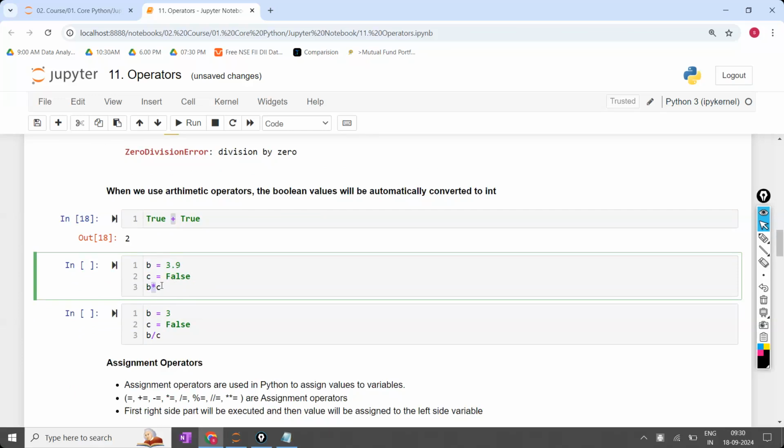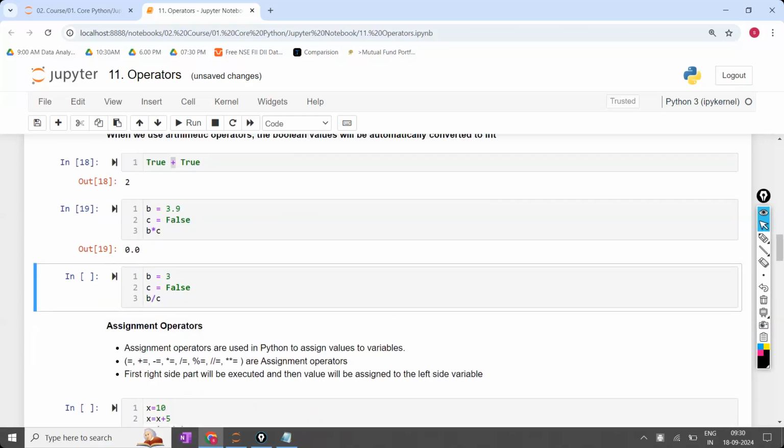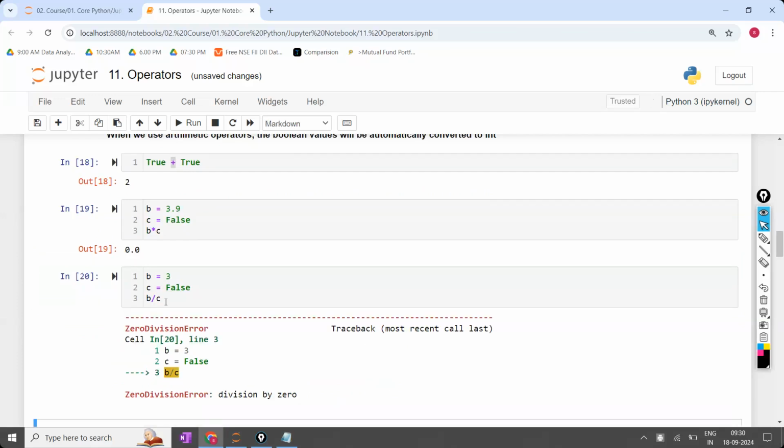Whenever there is an arithmetic operator, automatically the boolean will be converted to int and you are going to get the output as 0. Next, 3 by False, that is 3 divided by 0. What is the answer of 3 divided by 0? ZeroDivisionError. It will not give infinity, it gives ZeroDivisionError.